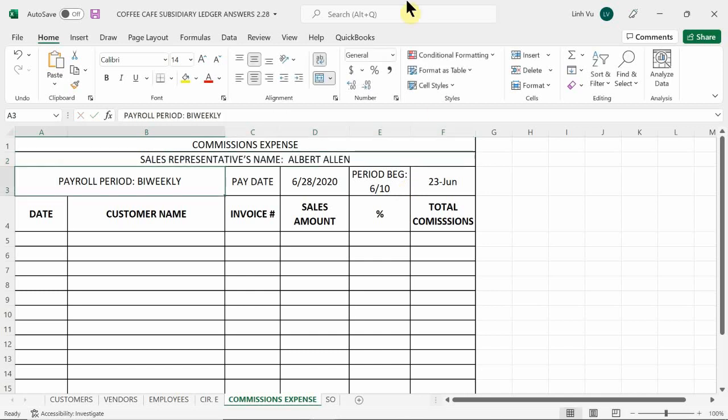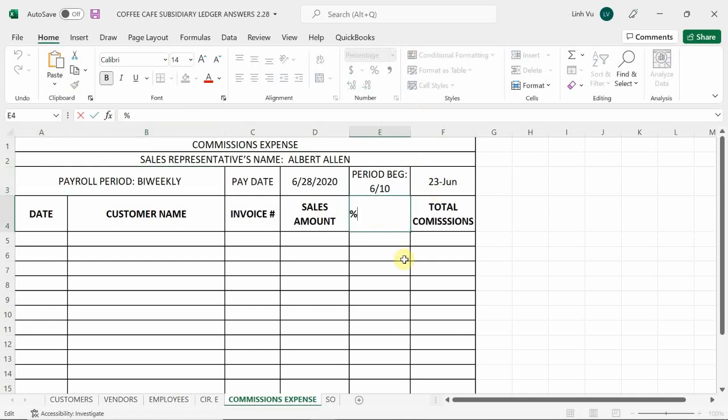How much does he earn? He earns 40%. So he's going to earn based off of how much money he's earned through sales. He earns 40% of whatever sales he's completed, as commission.